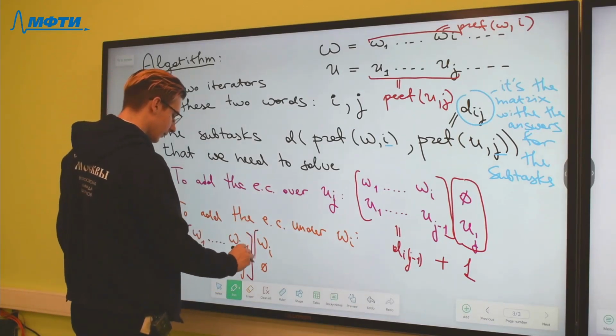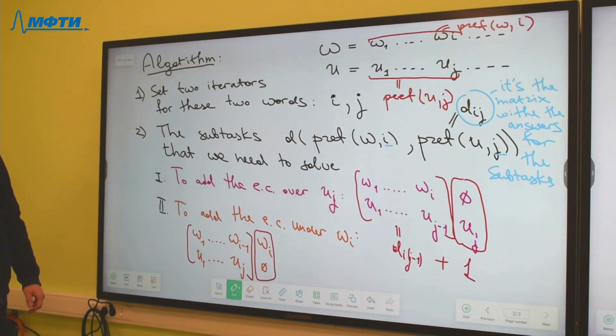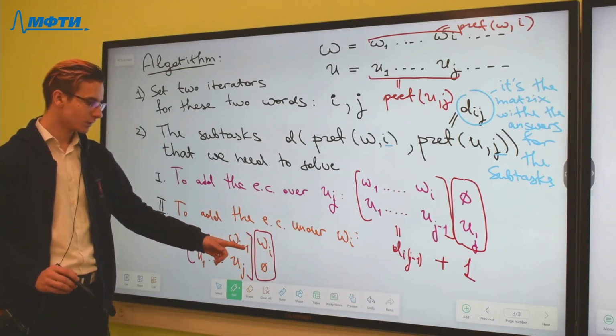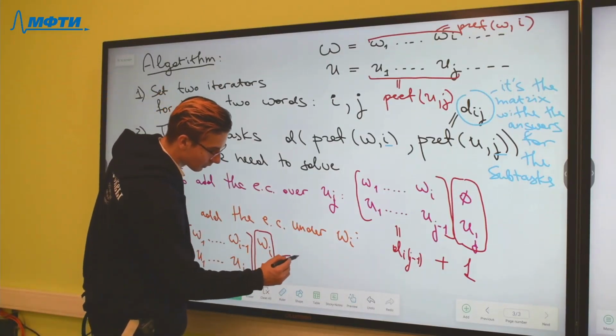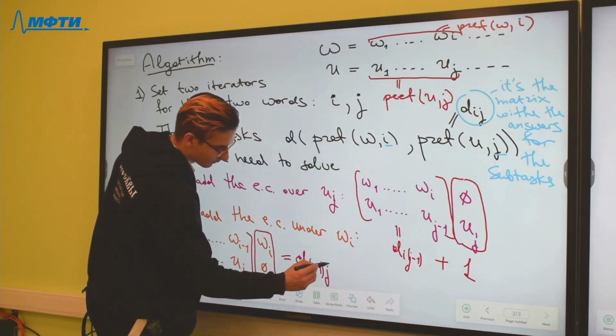And then we say that we add only one place where there is a difference. So the distance between these two words is equal to d with index E minus 1 plus 1.